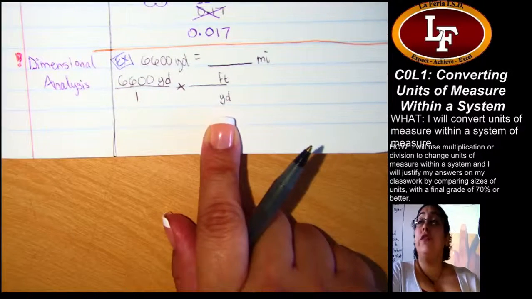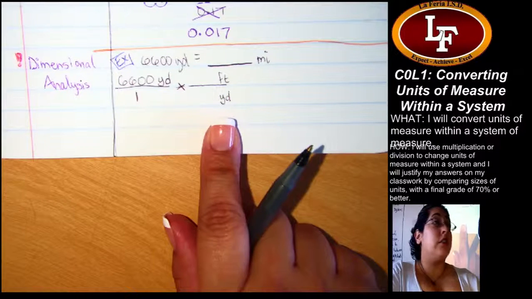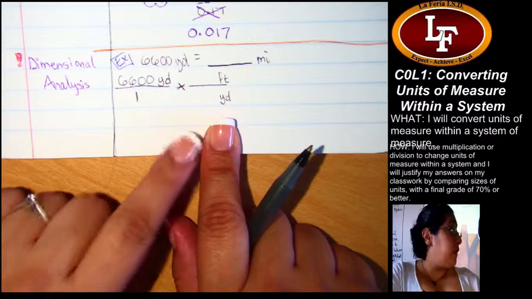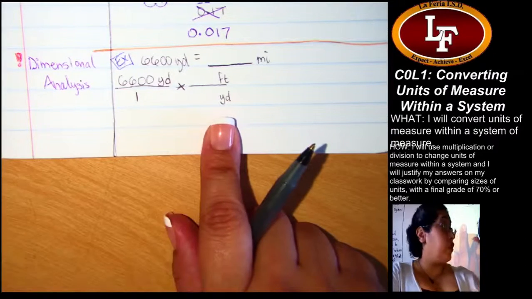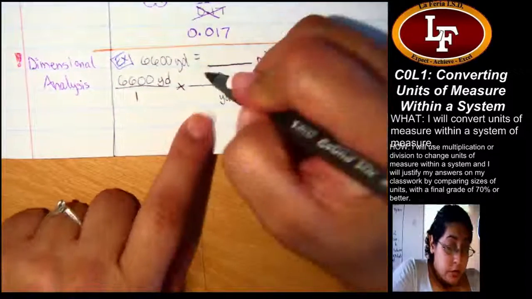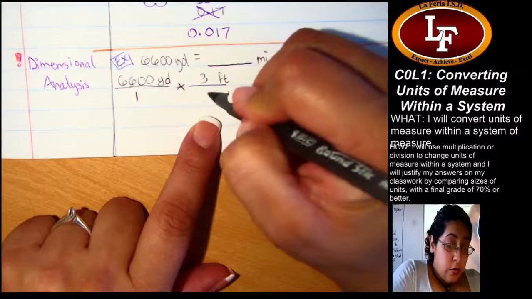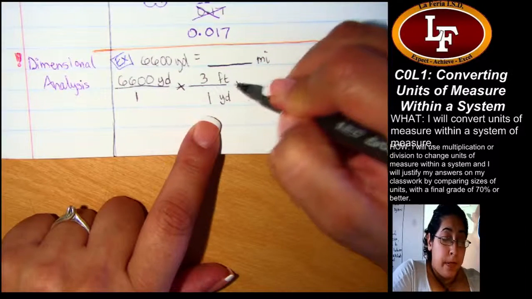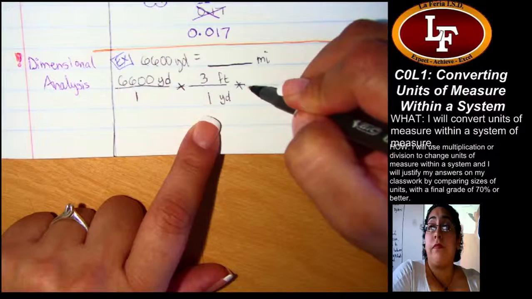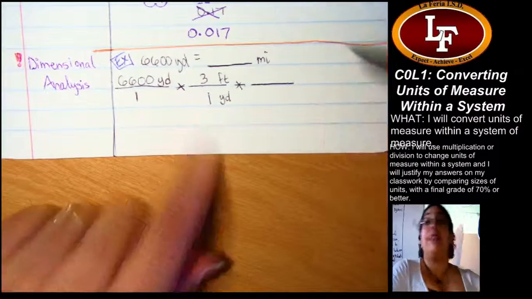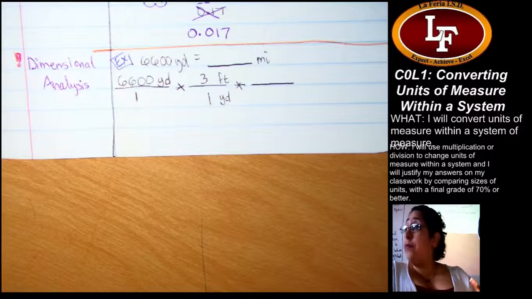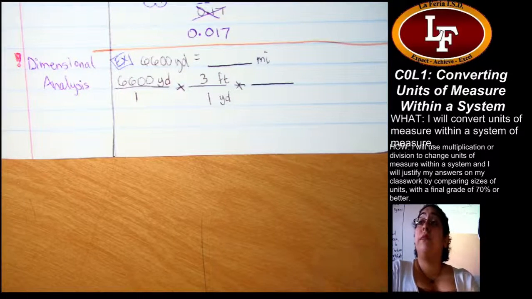Now use your conversion of feet to yards. What number is with the feet? On the conversion chart. 3. So 3 goes with the feet, 1 goes with the yard, and that fraction is done. We're going to multiply it by another fraction, and this fraction will do the second step, feet to miles.